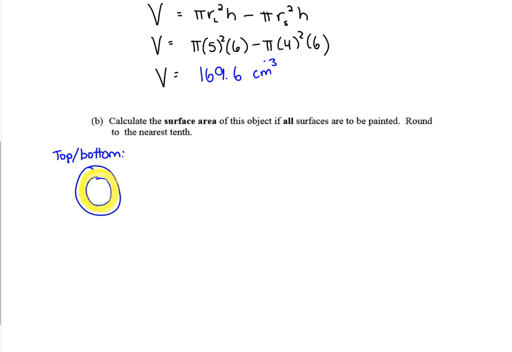Yeah, top and bottom are the same, so we can multiply it by 2. So, to find the area of the top, we need the area of the large circle minus the area of the small. What's the formula for the area of a circle? Pi r squared. So pi times large radius squared, minus pi times small radius squared, with 2 circles.